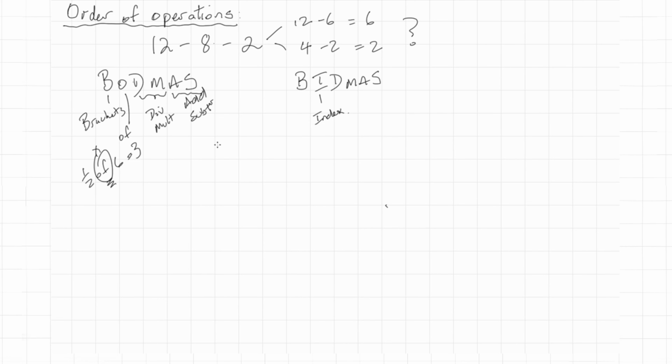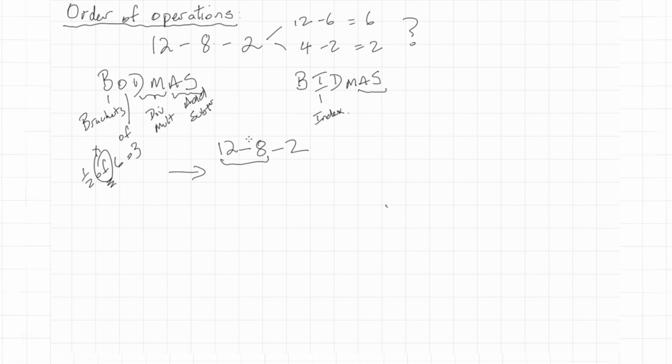So going back to this one here, we do addition and subtraction as they occur left to right. Going from left to right, there are no brackets, no index, no division, no multiplication, but there is subtraction.